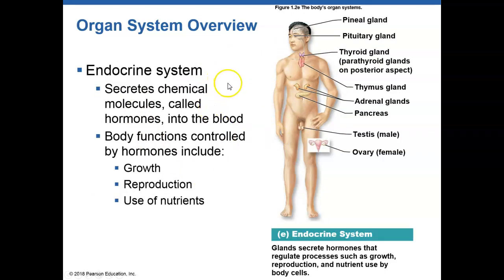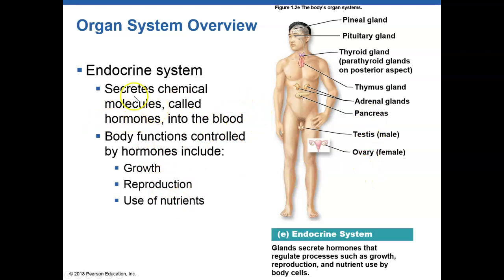Our second control center is the endocrine system. It consists of multiple endocrine glands, including the thyroid gland, thymus gland, and adrenal gland, as well as certain organs that are both endocrine and have exocrine functions, like the pancreas, testes, and ovaries.